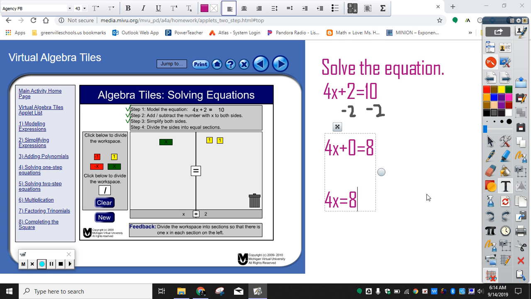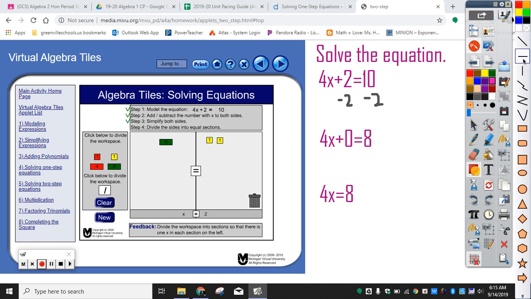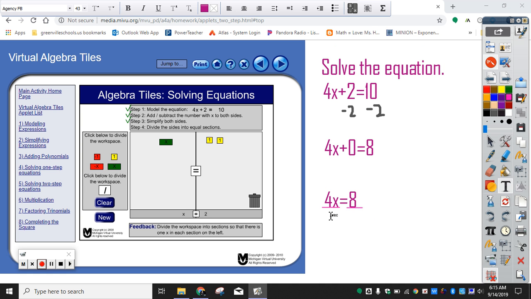And then I could show my dividing this into 4 equal groups by dividing my equation over here. And what that would look like is we would use a little fraction bar to show the division part, and I would divide both sides by 4.